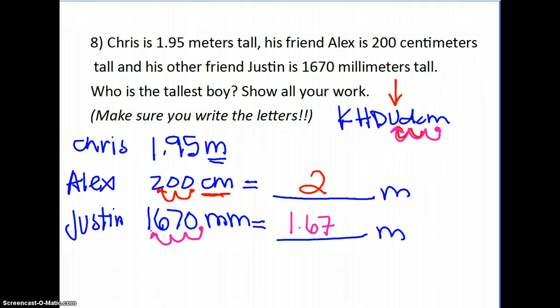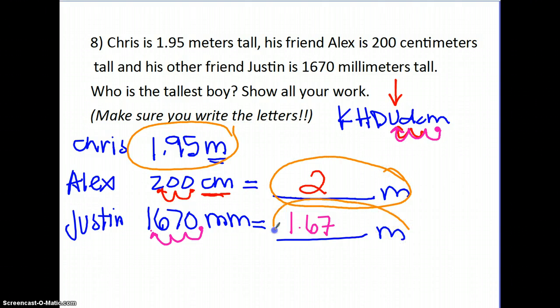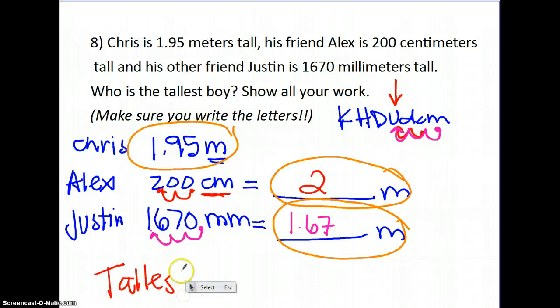Now it's easy to tell who's the tallest, because we're all in the same unit. Chris is 1.95 meters, Alex is 2 meters, and Justin is 1.67 meters. So the tallest boy is Alex.